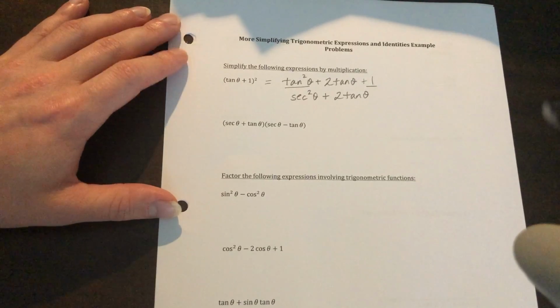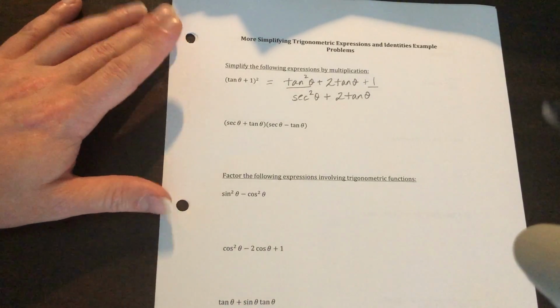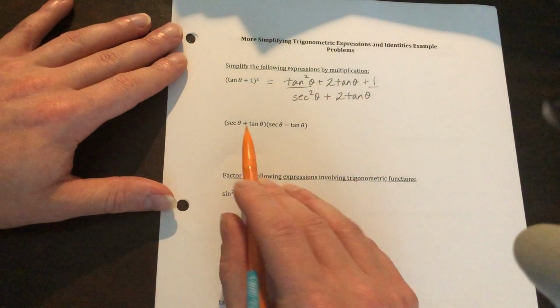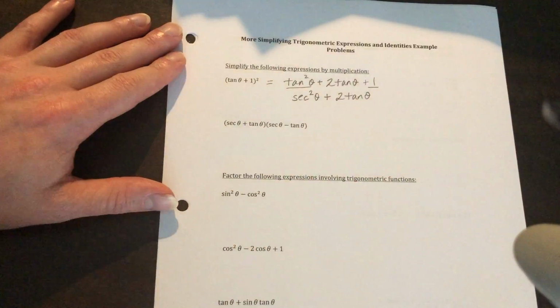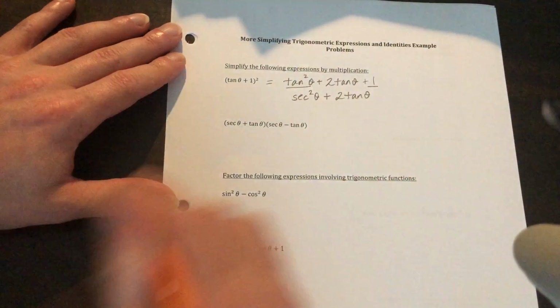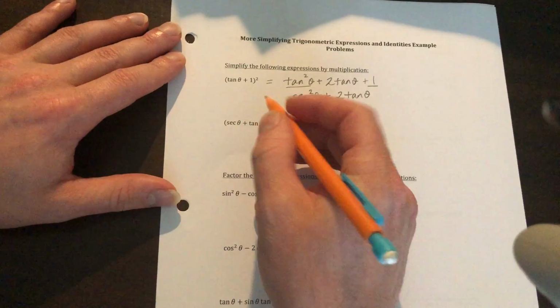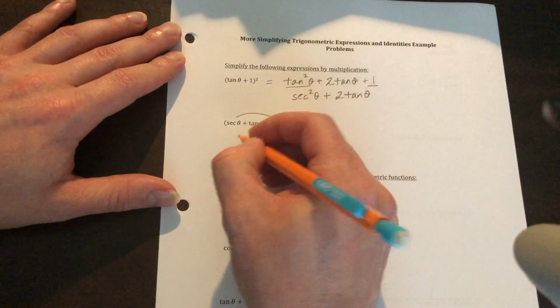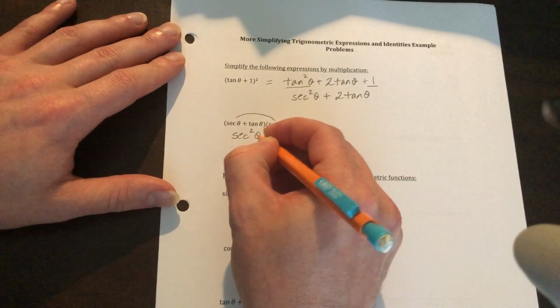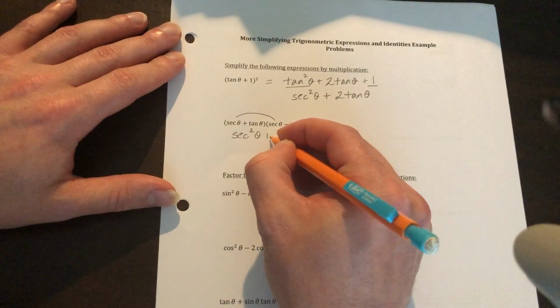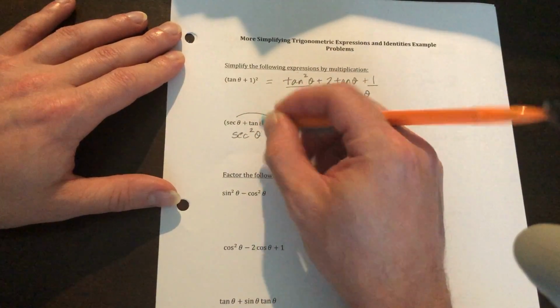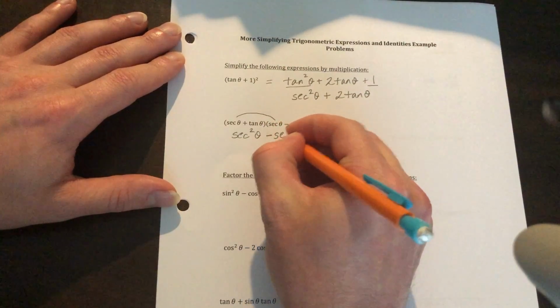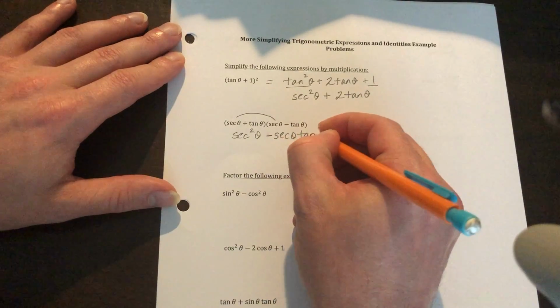Hopefully you've noticed difference of squares in this next example problem, secant plus tangent, secant minus tangent. I'm just going to go through FOILing it out. FOILing is first, outer, inner, last. So secant times secant is secant squared. Outer is minus secant theta tangent theta.